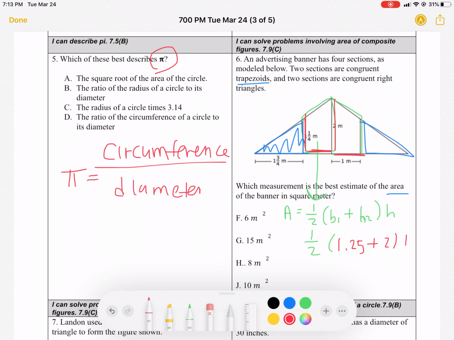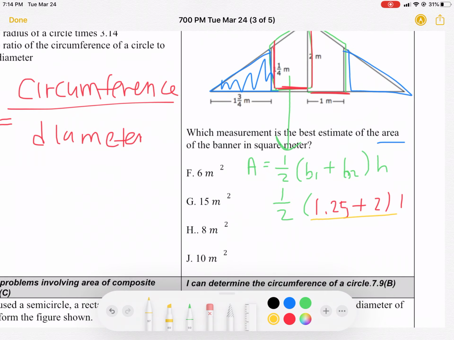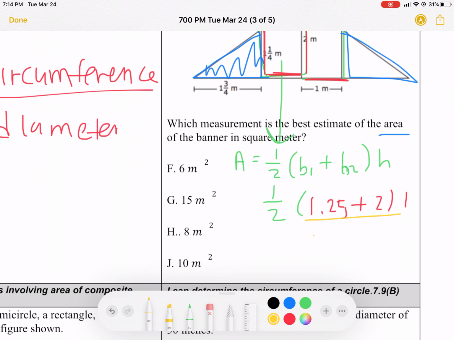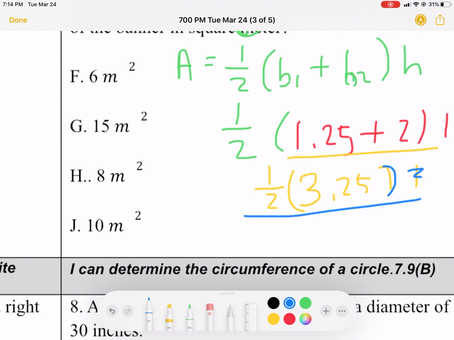So I need to solve that out, right? So I'm gonna have to add. That's gonna be 3.25. And then if I multiply by 1, any number by 1 is just gonna be by itself. So I'm just gonna divide this number by 2, and that's gonna be your answer for the trapezoid.